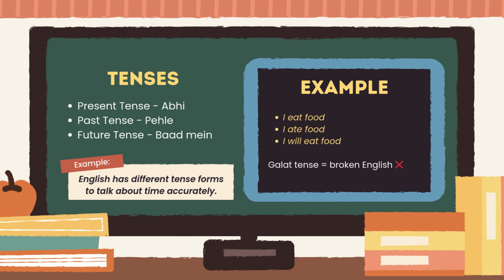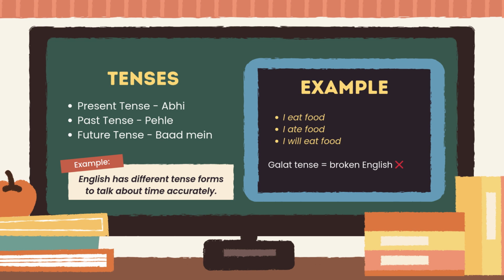Like, प्रेजेंट टेंस, यानी कि अभी, जो अभी में हो रहा है. आई ईट फूड. देन कम्स पास्ट टेंस, जो पहले हुआ है. आई एट फूड. देन कम्स फ्यूचर, जो बाद में होगा. आई विल ईट फूड. अगर टेंस गलत तो पूरे सेंटेंस का मीनिंग गलत हो जाता है.